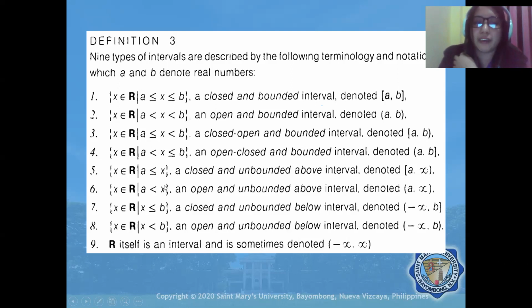For number 5, A is less than or equal to X. So it is a closed and unbounded above interval.